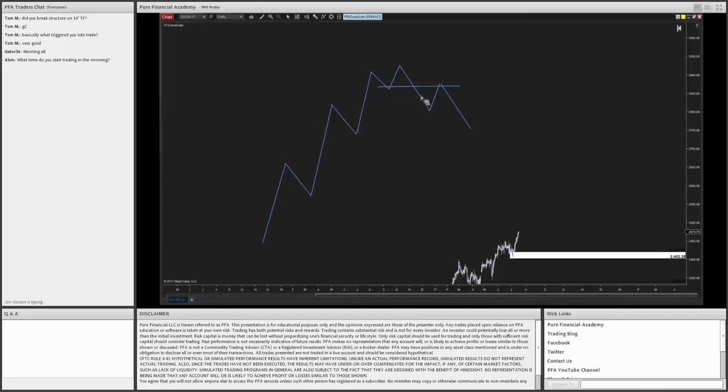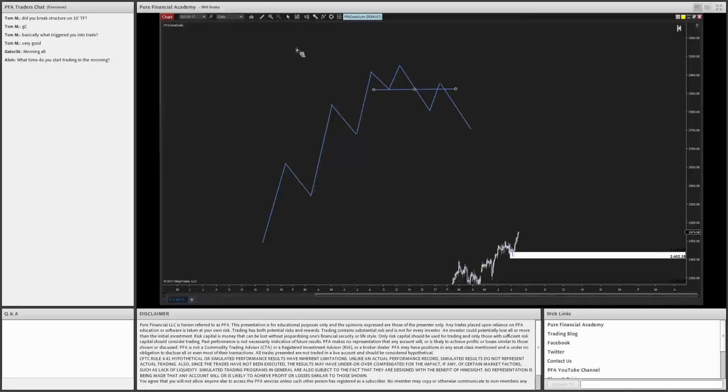I'm trying to simplify it. So when we break the structure low there, our expectation is very simple. We will break it, return to it. Now, this is a form of support and resistance. This has absolutely nothing to do with supply and demand. It can't, because we traded through it.